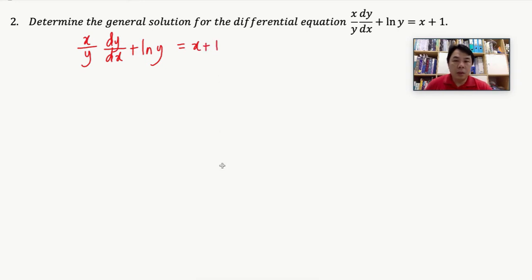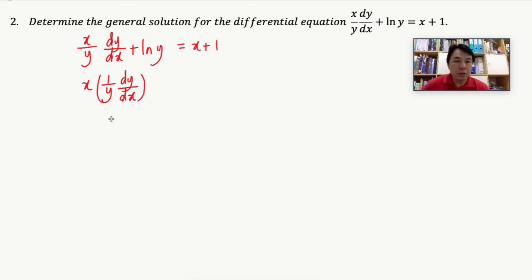Now, at first glance, it may not be that obvious, but after a few restructuring, if I restructure it in such a way, it will look something like this. Okay, now I'm going to rewrite this as x, because here I recognize that the y is indirectly attached to the dy/dx.